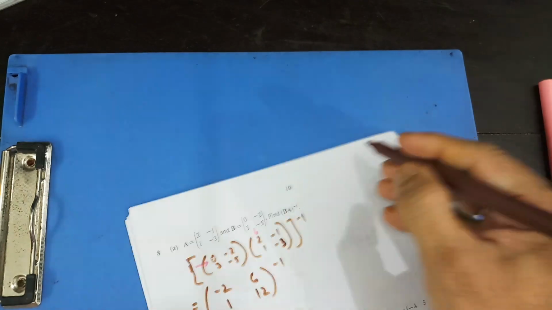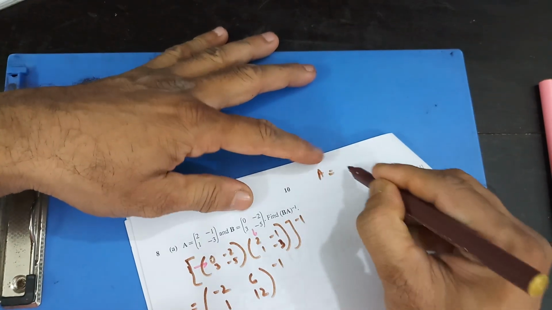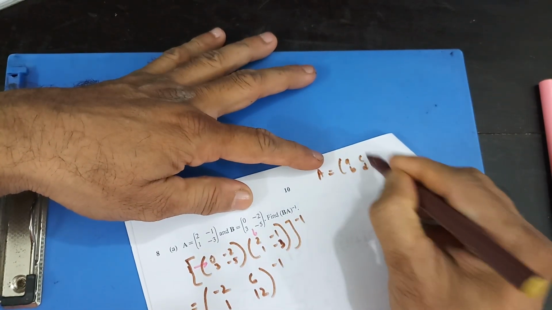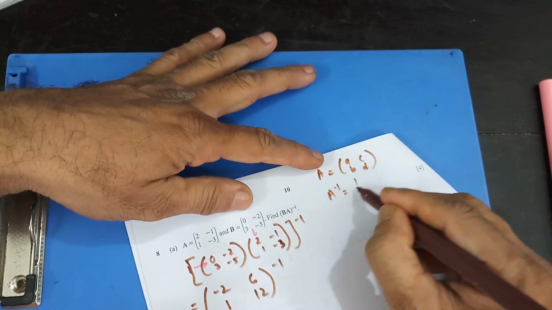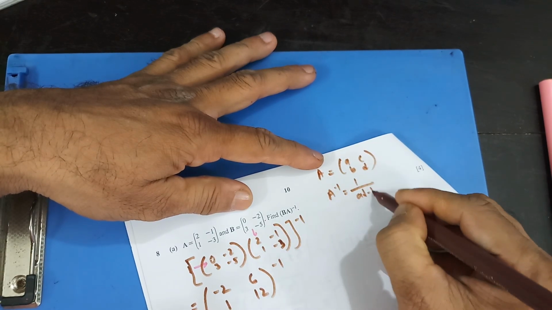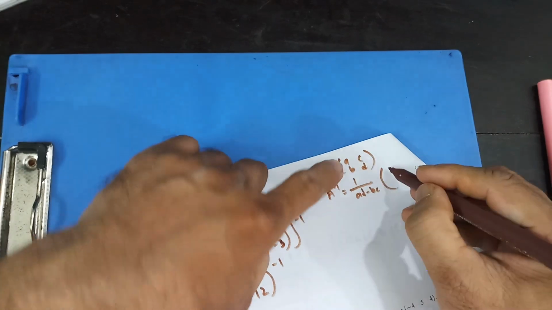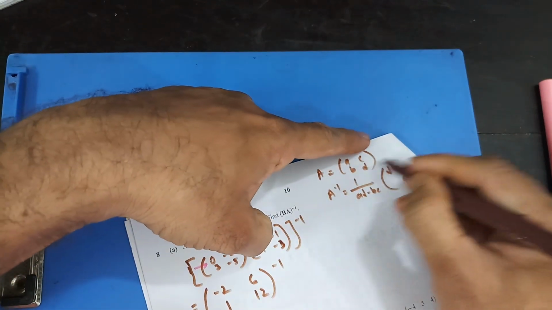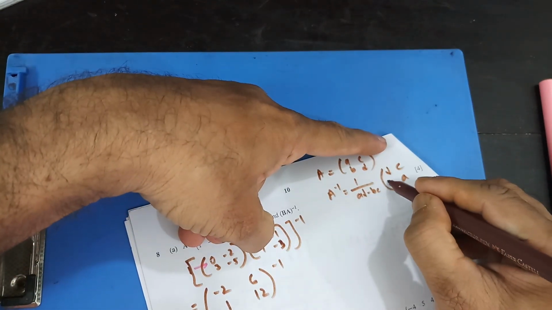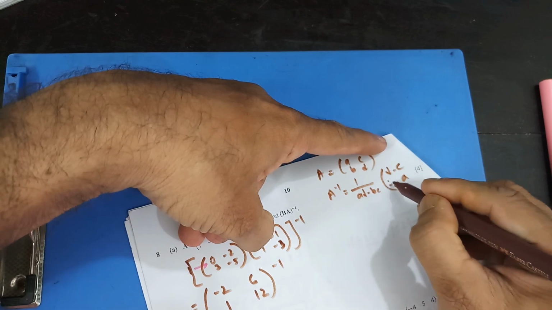I hope you remember that if A is (a, b, c, d), then the inverse is 1 by ad minus bc, times the matrix with positions switched and signs of the other two changed, minus c and minus b.